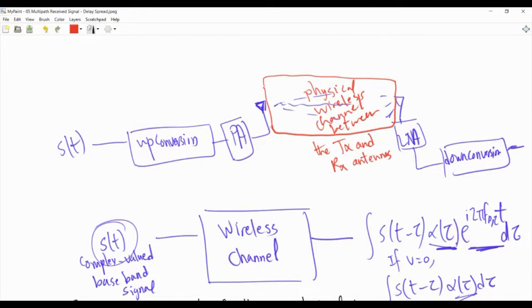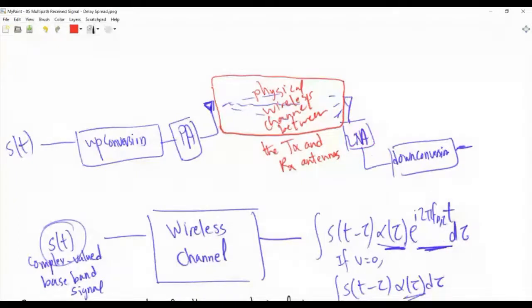However, when I use the term channel, and it's not me, it's basically in the literature, in the field, we take parts of the transmitter and the receiver and consider them as part of the channel. So I can actually imagine that my system is something like this.